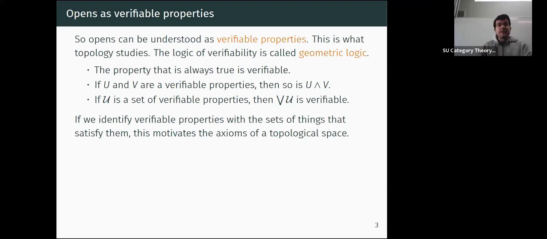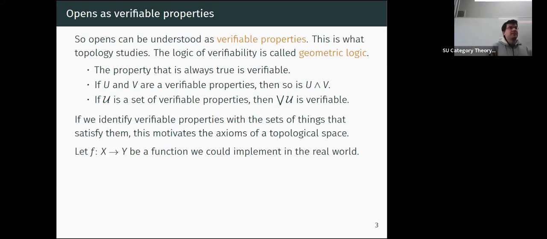And these properties we've just seen for verifiable properties are precisely the axioms of a topological space. So this is why the axioms of a topological space are what they are. This is why, for example, you allow arbitrary joins, but only finite meets. So I think this is a very nice approach, because it gives a very good motivation for why the axioms of a topological space are what they are.